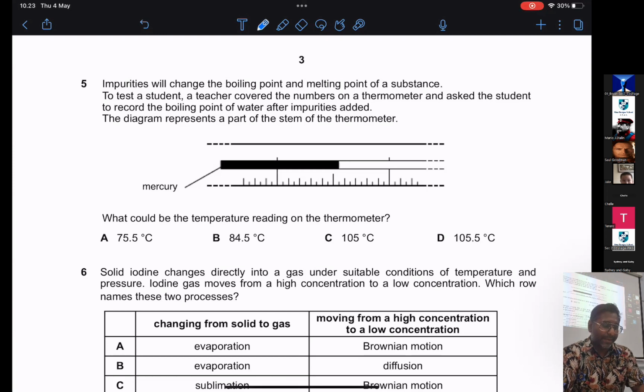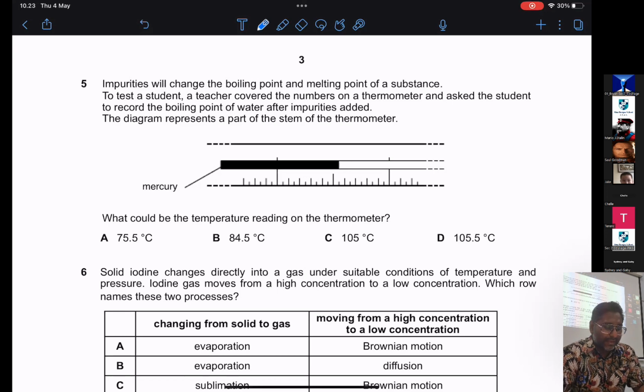Anyway, impurities will change the boiling point and melting point of a substance. To test a student, a teacher covered the numbers on the thermometer and asked the student to record the boiling point of water after impurities were added. The diagram represents part of the stem of the thermometer. What could be the temperature reading on the thermometer?